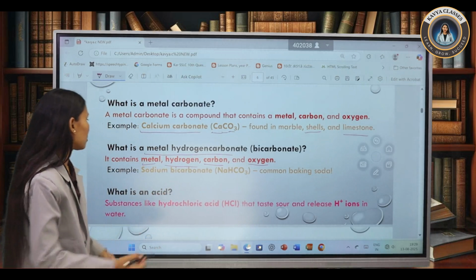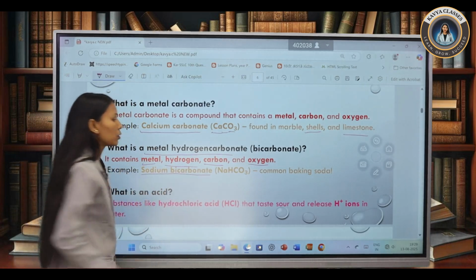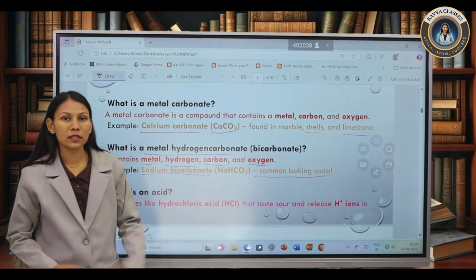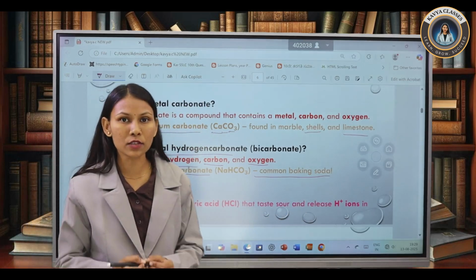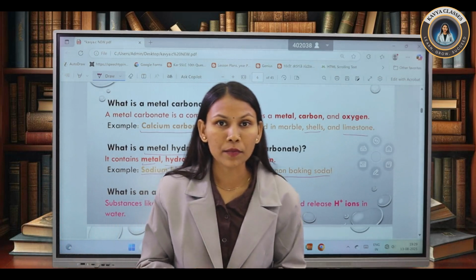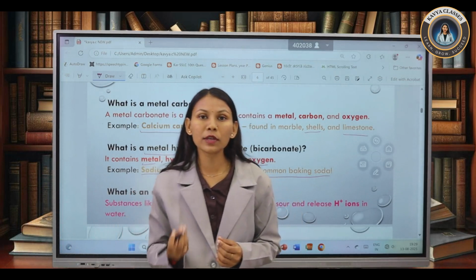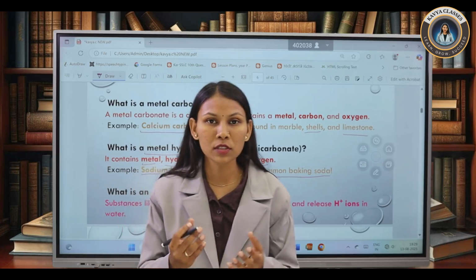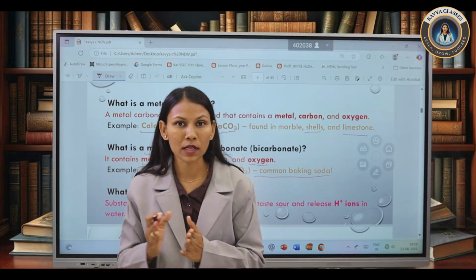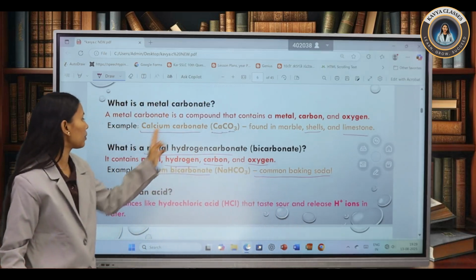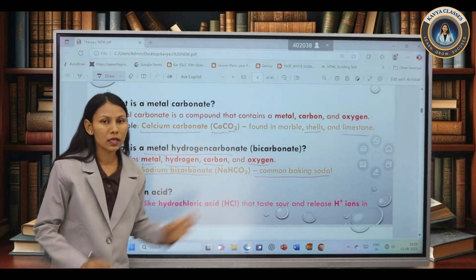We can call it sodium bicarbonate also. This common baking soda is used in cooking, for making snacks and bread. So this is the best example for metal hydrogen carbonate. I hope you understood metal carbonate and metal hydrogen carbonate.